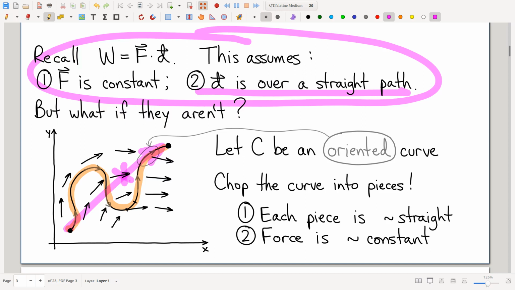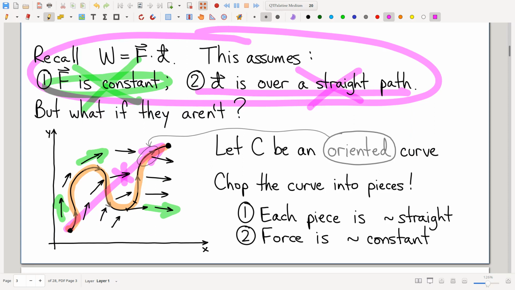We are not in this case. Furthermore, this formula assumes that the vector field is constant. And check it out, the vector field is wildly non-constant. So we do not have a constant force as we would need. We do not have a straight path as we would need.